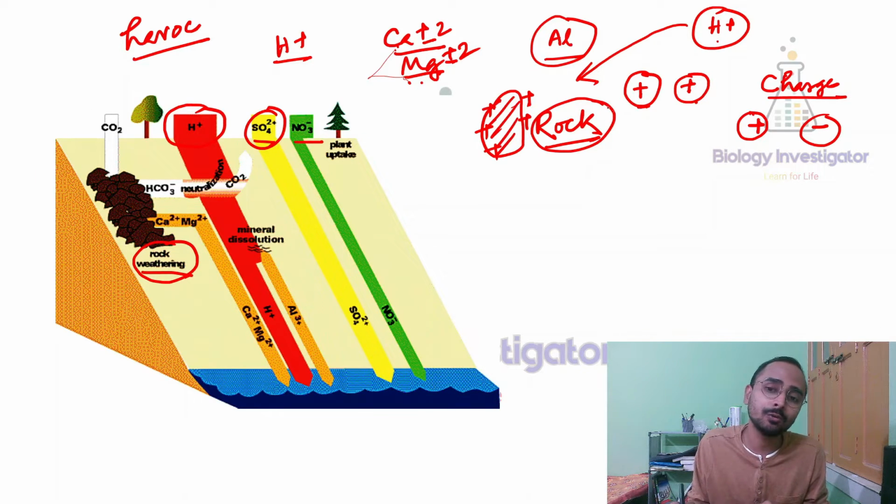So what will they do? H plus will evade, H plus will repel.